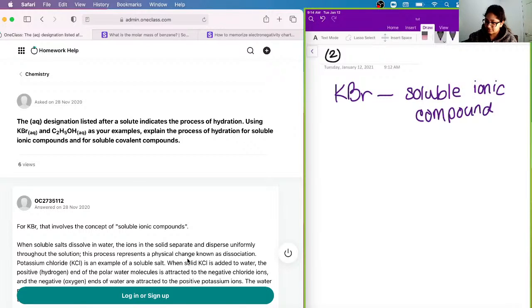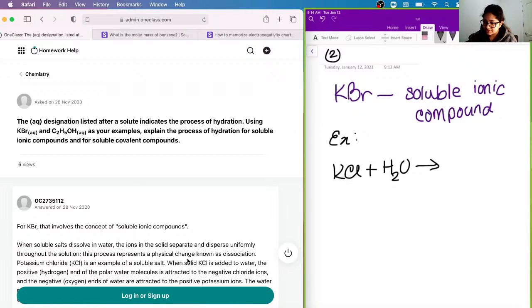For example, we have potassium chloride as an example of a soluble salt. It's added with water, H2O.